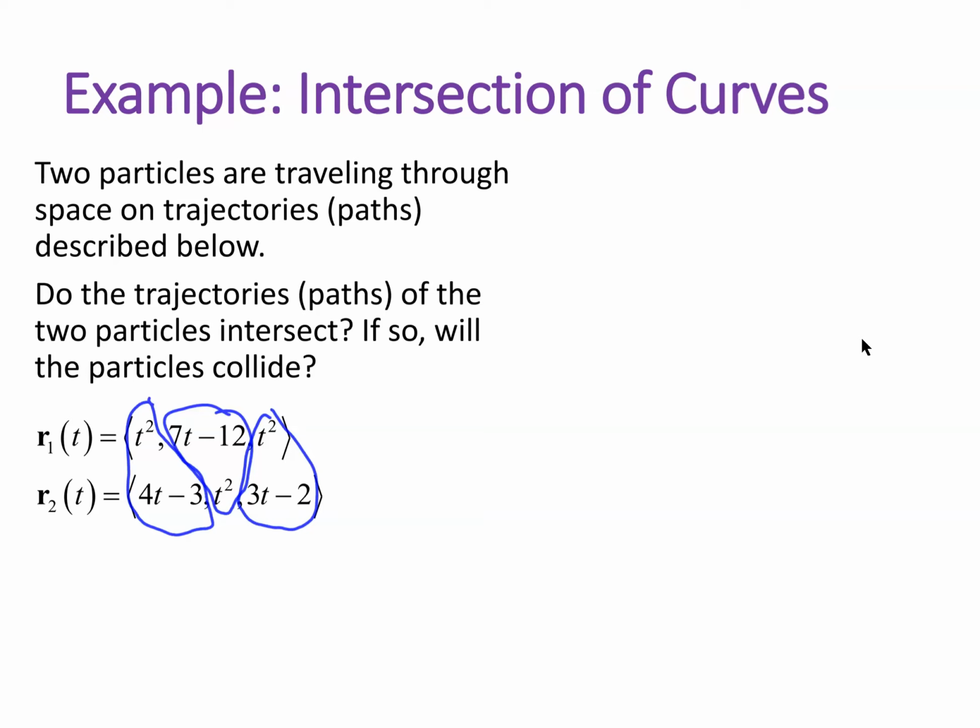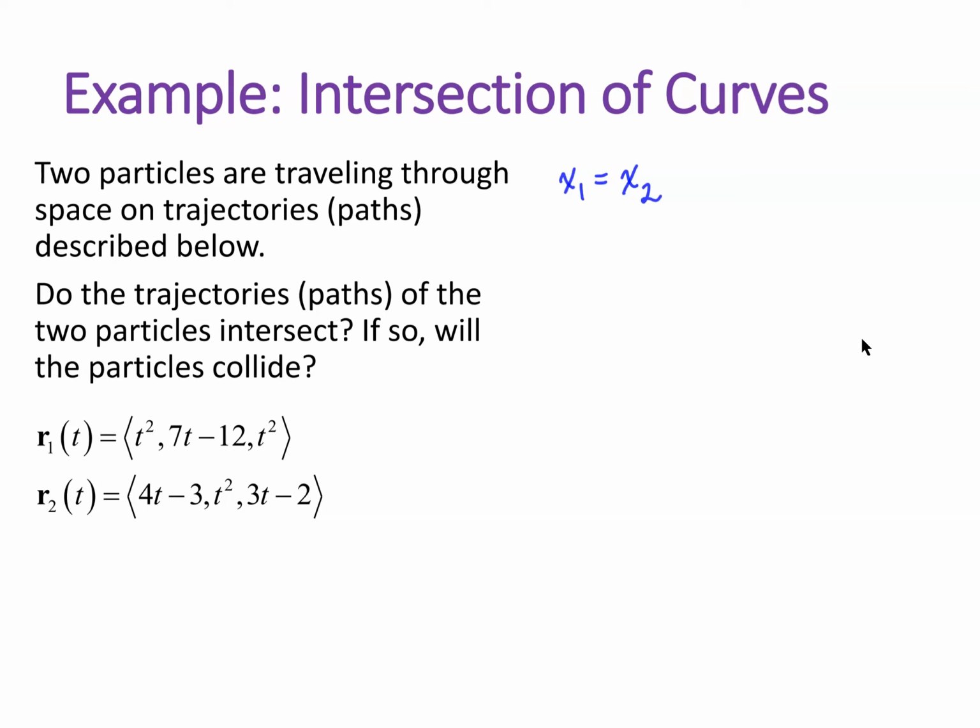And the z coordinates would have to be the same at the same time. So we're going to look at what would have to happen for the x function in R1, our position function 1, to equal the x component of function 2. We'll start there.